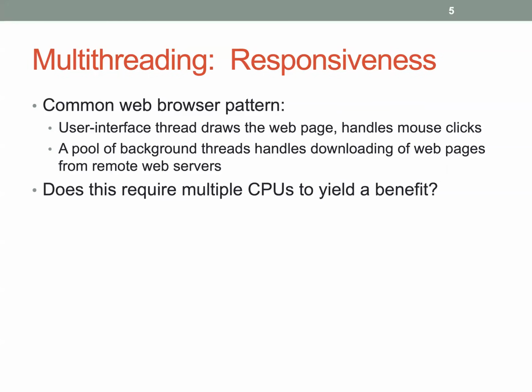So does this require multiple CPUs to yield a benefit? This is a question I want you to think about. The answer involves answering other questions like, what is the computer doing most of the time?